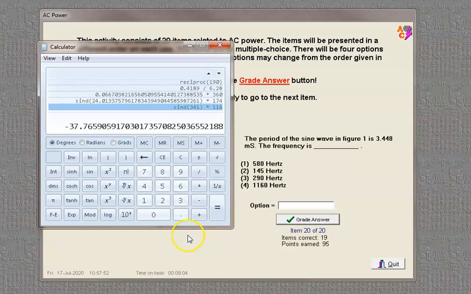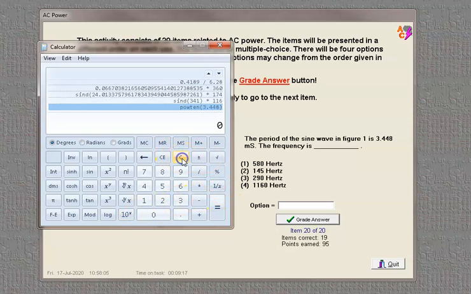So let's see. 3.448 times 10 to the, oops, I think I messed something up there. Let me go ahead. I'm trying to put an exponent in, and I guess maybe this is it. 3.448 exponent minus 3 for milli equals, I'm not liking that either.